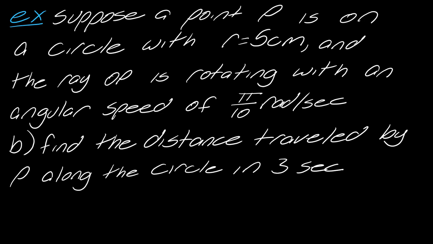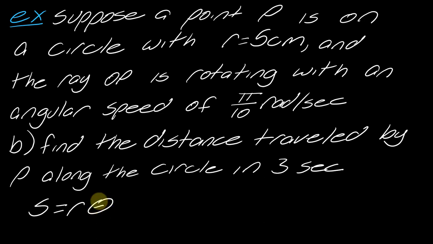Okay, so part B, find the distance traveled by P along the circle in 3 seconds. The distance that P has traveled, we can really just think of as arc length. We've got this point P moving along a circle, and I want to know how far it has traveled. I figured out what theta was, and I know the radius.